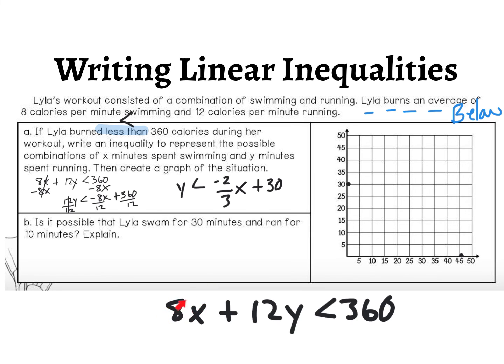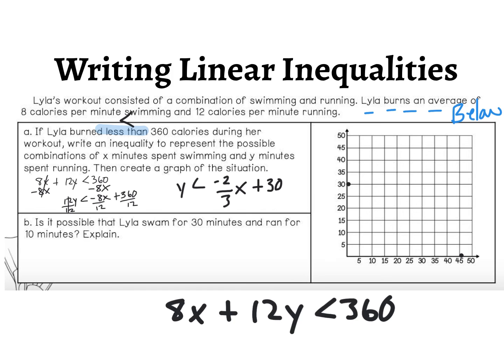If I cover this with 0, and I divide both sides by 12, I'm going to do this in two colors. I'm going to assume that this doesn't exist. I'm finding the y-intercept, so I divide both sides by 12. Y then equals 30. That's how I find my y-intercept.